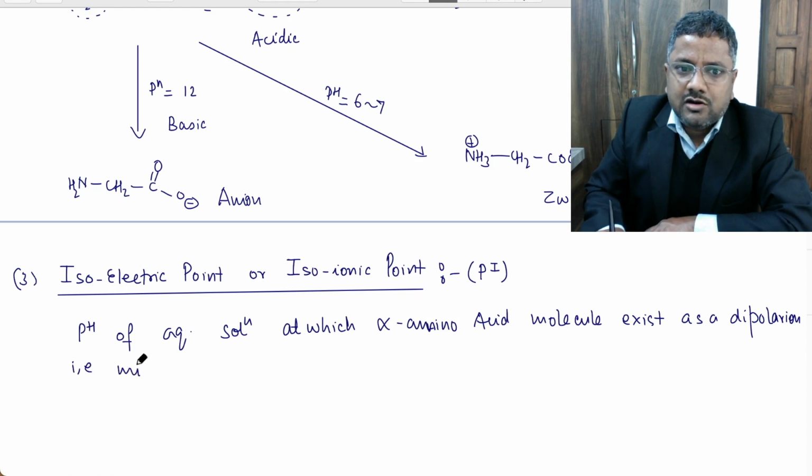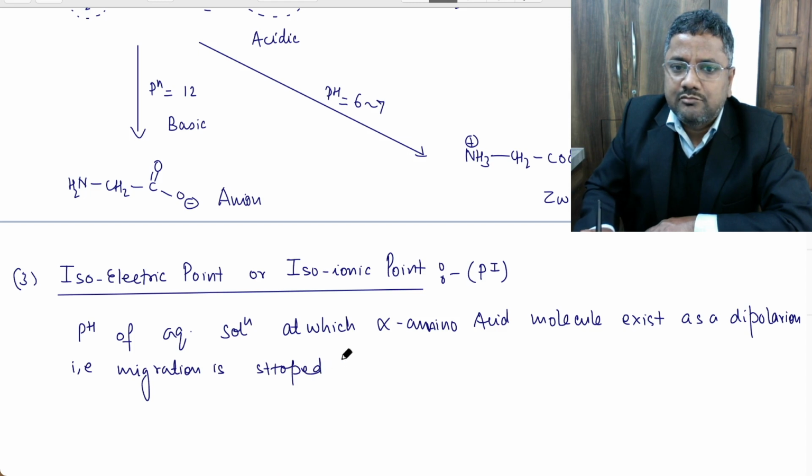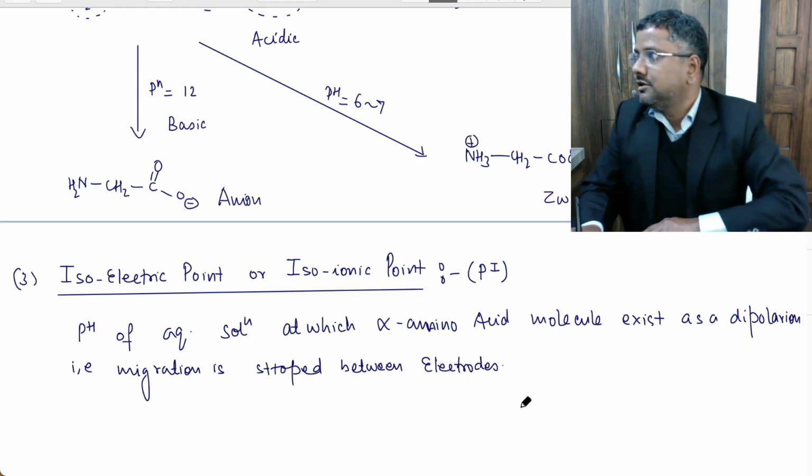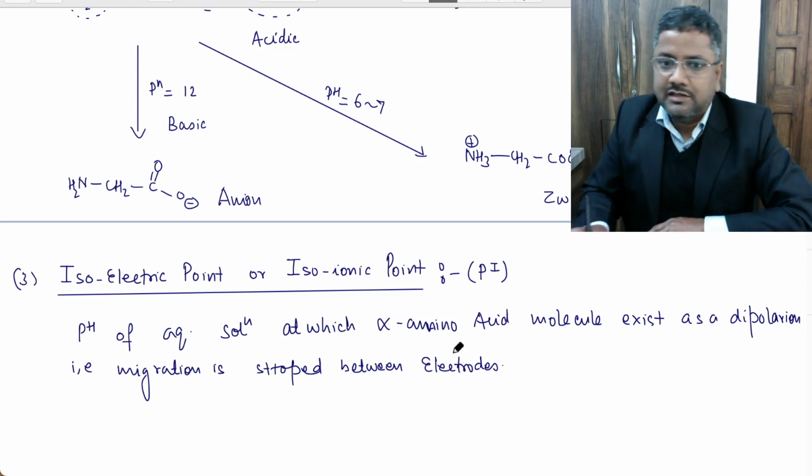Or you can say that migration is stopped between the electrodes.